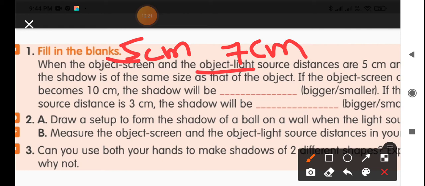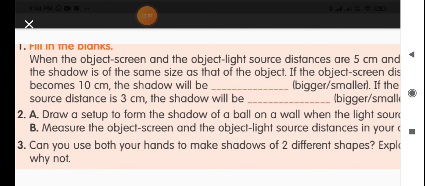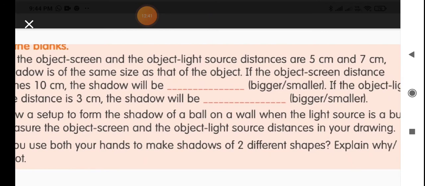So it is very near to the screen. So when the object is near to the screen, the shadow will be smaller. The shadow is of the same size as that of the object.